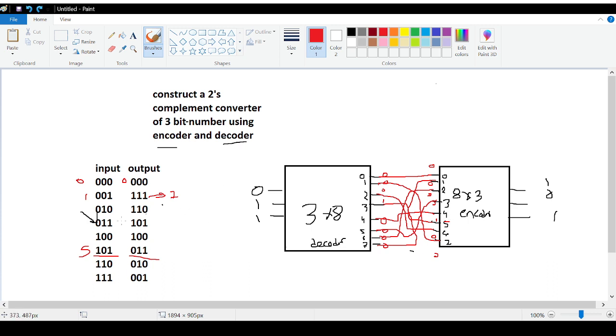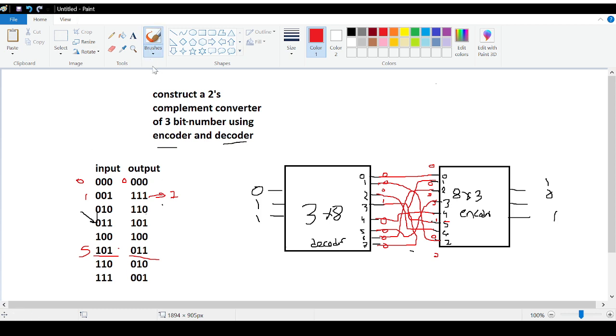So if I give 0, 1, 1 as my input, my output will be 1, 0, 1. This is how we can construct a 2's complement converter using an encoder and decoder.